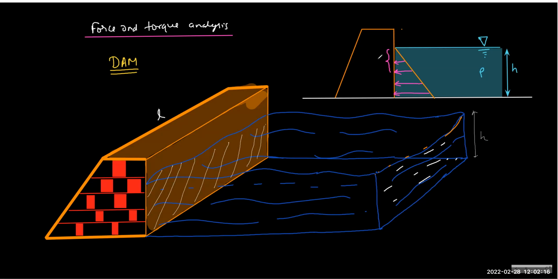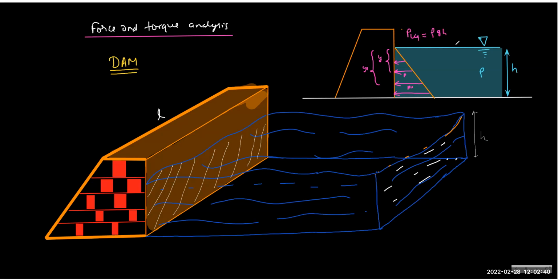So this y by this p will be the same as y dash by p dash. So you can say p and y are proportional, p dash and y dash are proportional, and so on. And we know the pressure formula due to liquid is rho gh.